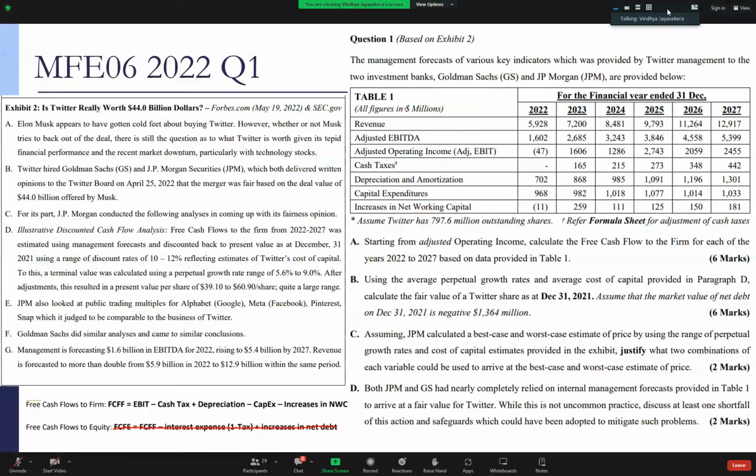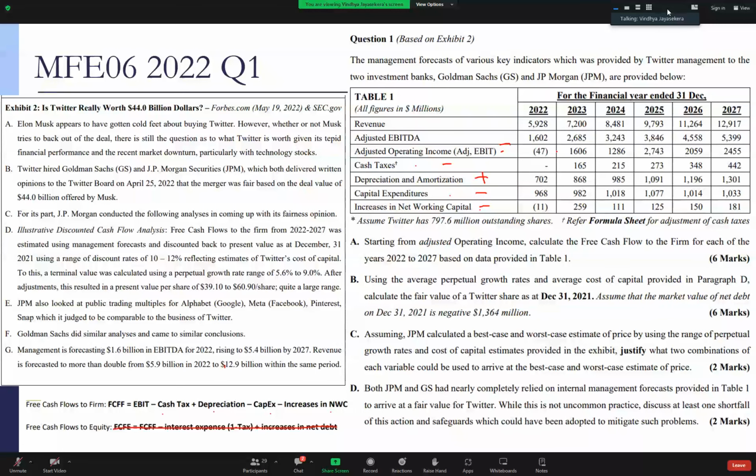It says start from EBIT. Okay, I have EBIT. Minus cash taxes. Cash taxes are there. Add back depreciation. It's there. Minus capex. It's there. Minus increases in net working capital. It's there. This is a very simple addition and deduction question, right? There's nothing for you to do. You start from this point downwards, minus cash taxes, plus depreciation, minus capex, minus increases in net working capital.